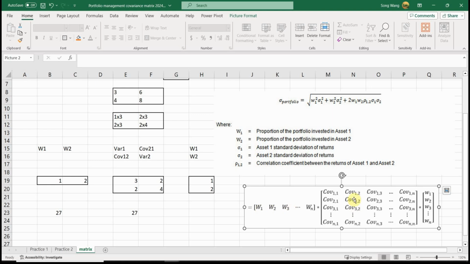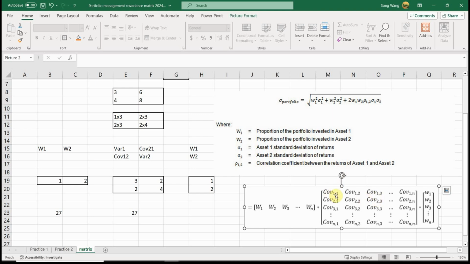The best way to do it, instead of using this formula with 1200 covariances or pairs, you do this kind of calculation. You use the weight row times the variance covariance matrix, then multiplied by the weight column. And this one in the middle is called a variance covariance matrix.